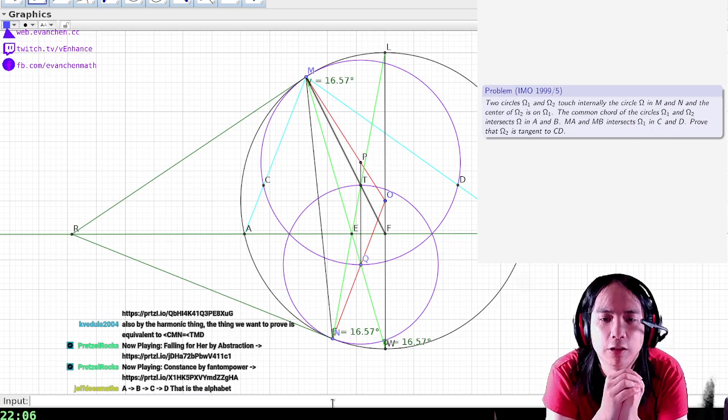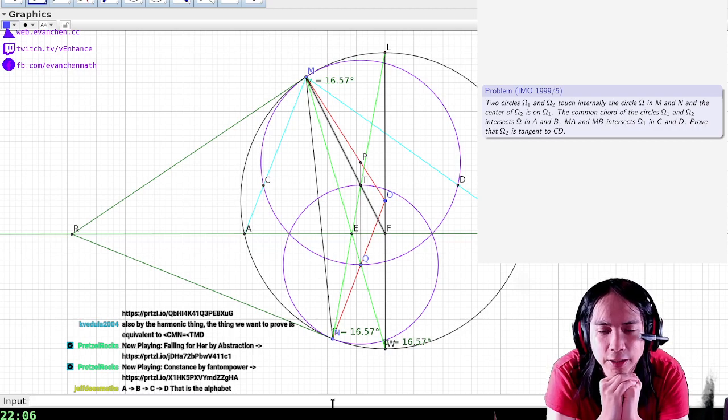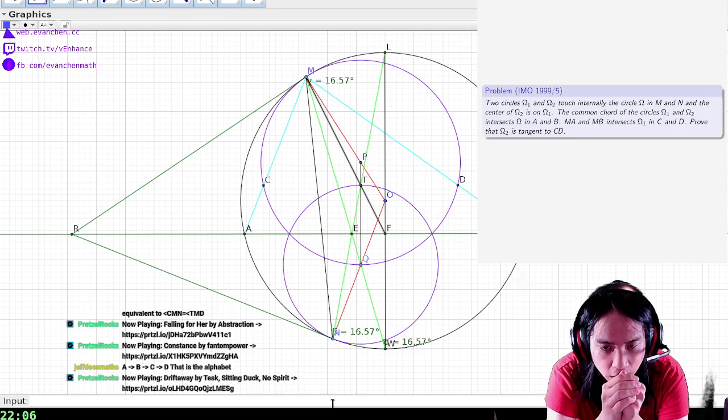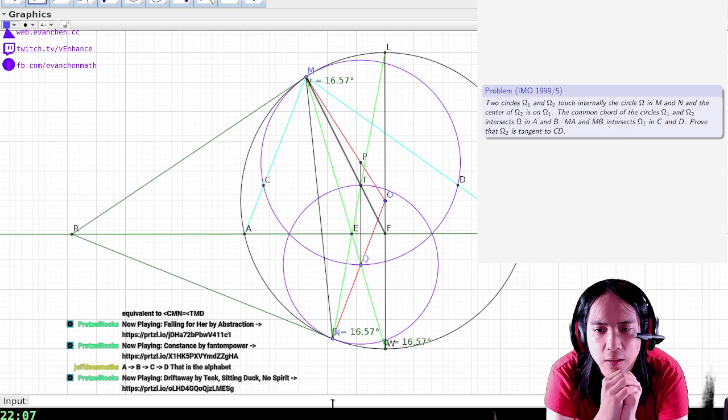If I can prove MTF are collinear, then when I take the homothety, F will go to somewhere on there, and C and D. Yeah, okay.